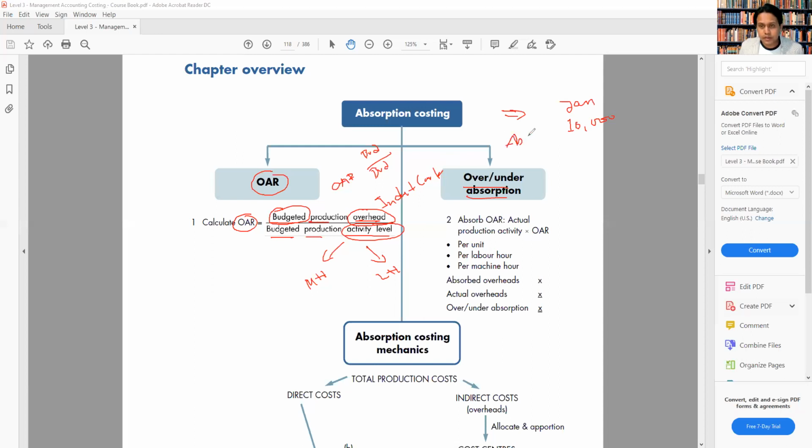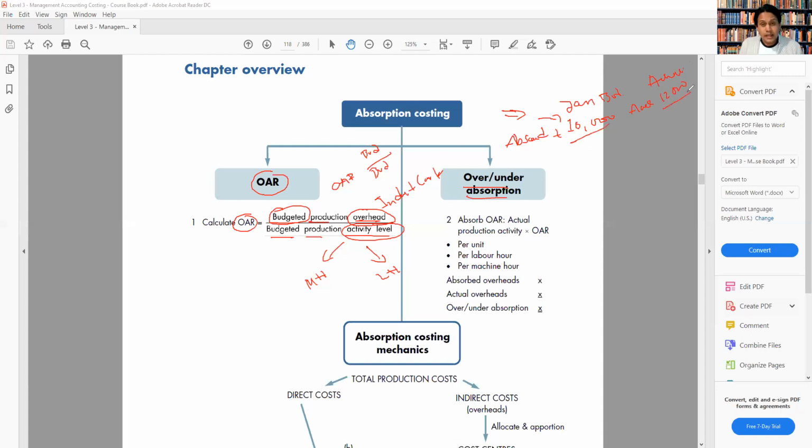I absorbed overhead for the month of January of 10,000. But when January has passed and I have the actual figure, I can see the actual is not 10,000, actual is 12,000. So that's my budget and that's my actual. My budget was 10,000 and actual is 12,000.